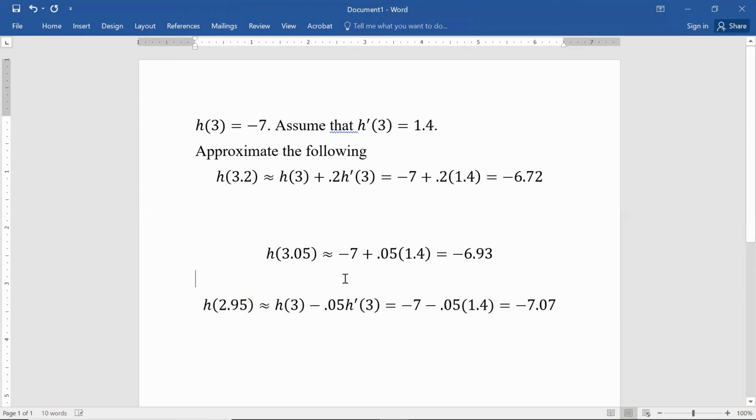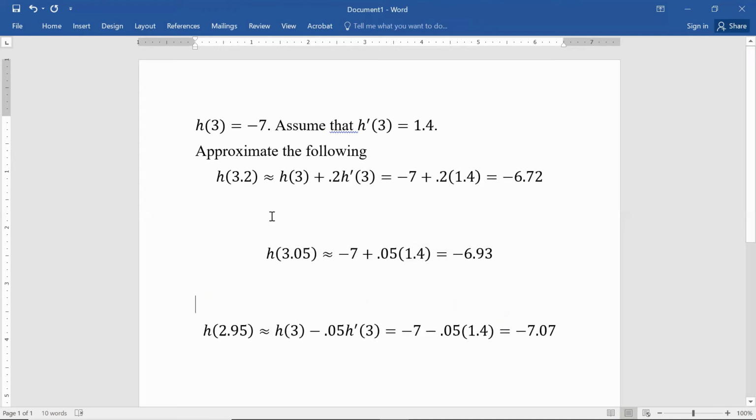Now, how close these approximate values are to the real values depends on a couple of things. It depends on how close the x value is to the x value I was using to approximate.